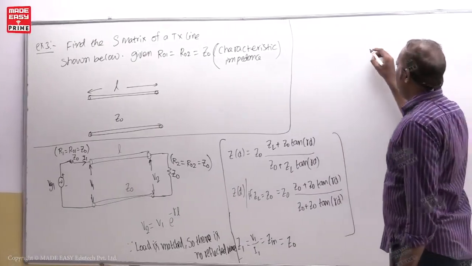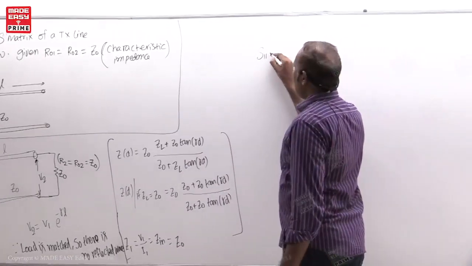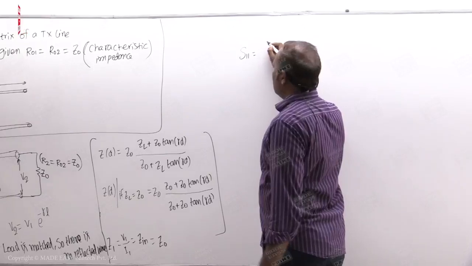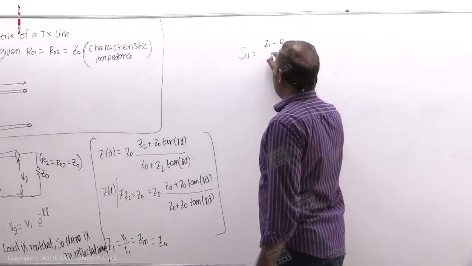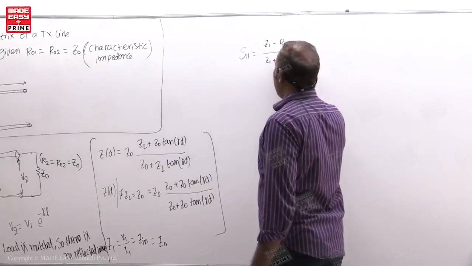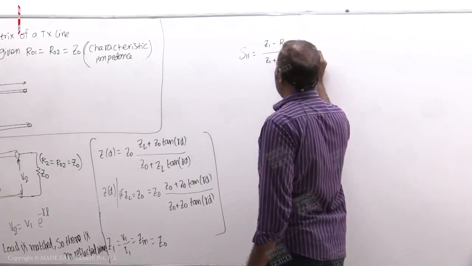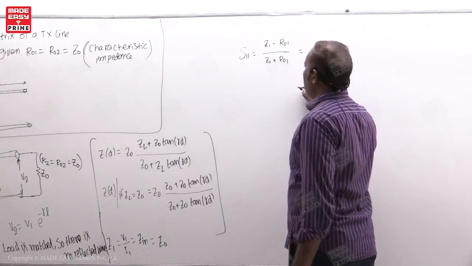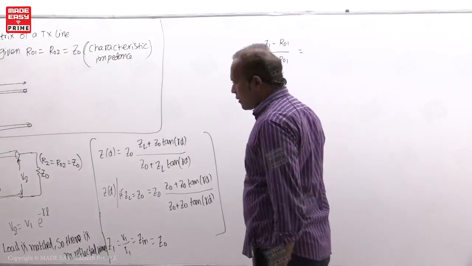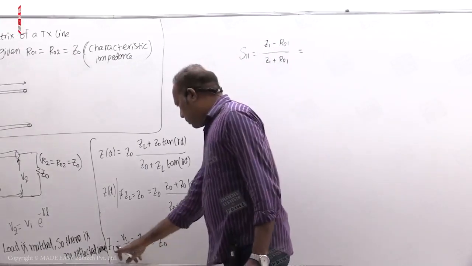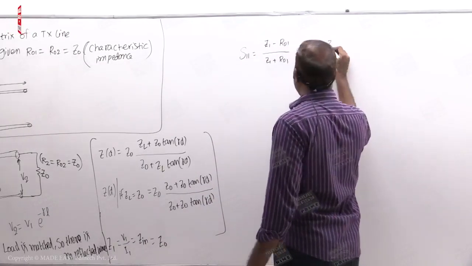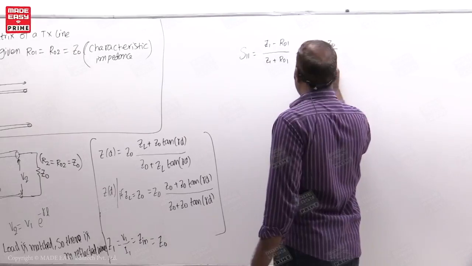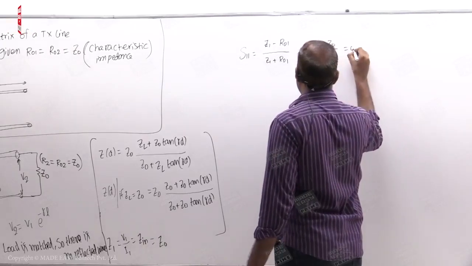Now let us write the parameters. S11 is equal to (Z1 minus R01) divided by (Z1 plus R01). So Z1 I wrote here, Z1 is equal to Z0 only, minus R01 which is Z0 only, divided by Z0 plus Z0, that is 0.